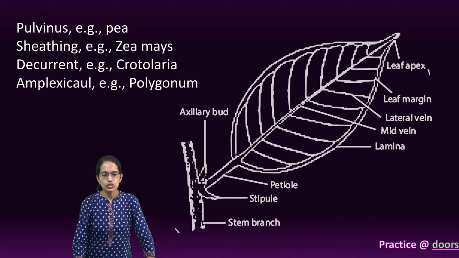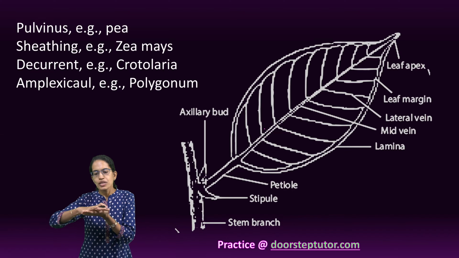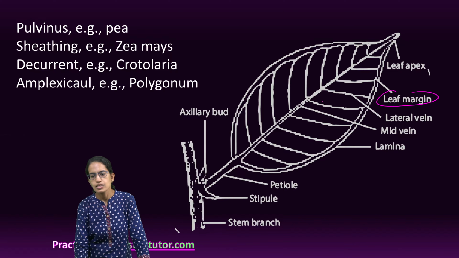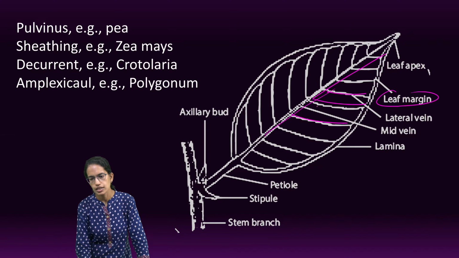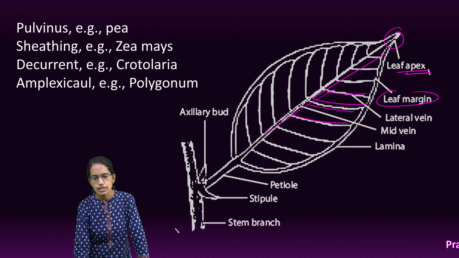Now coming on to the structure of the leaf, the whole blade of the leaf is known as the lamina. Then the corners are known as the margins. The main vein is the midrib, and from the midrib the lateral veins arise. The top is known as the leaf apex.